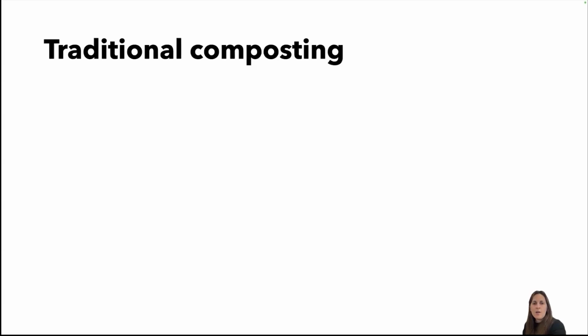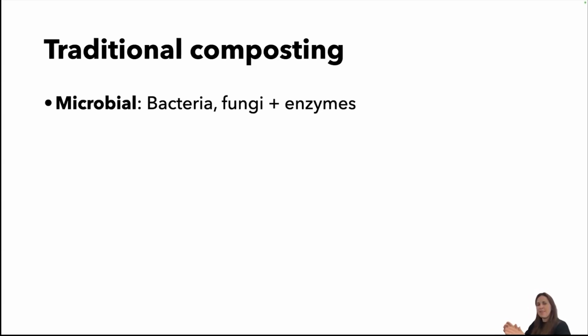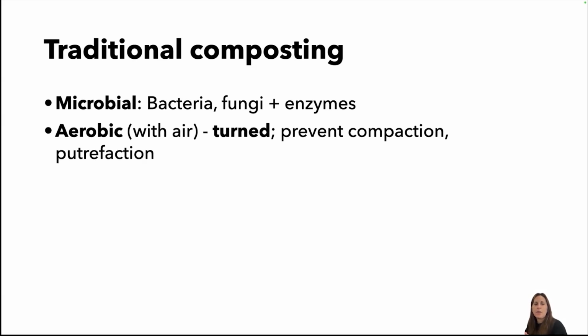All right, so once again, first major point is that traditional composting is driven by microbes. And so those, once again, are our bacteria, our fungi, and the enzymes that are produced by those bacteria and fungi. Traditional heap composting is an aerobic technique, meaning that it requires additional input from a person to flip the heap.